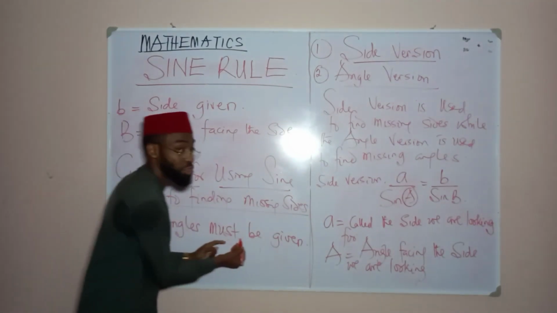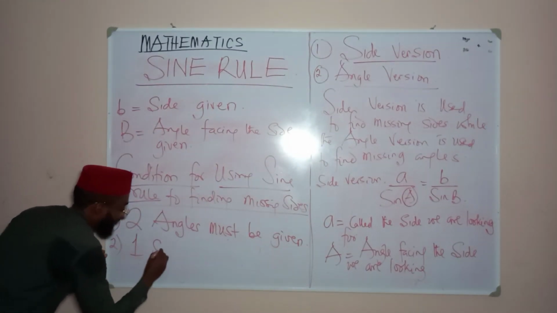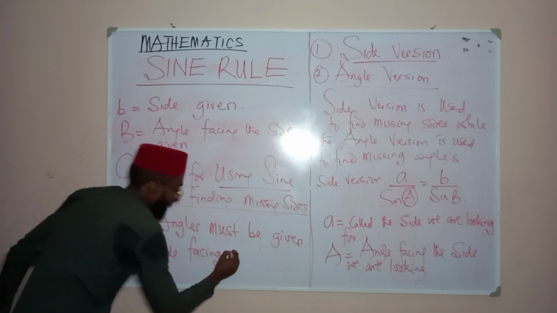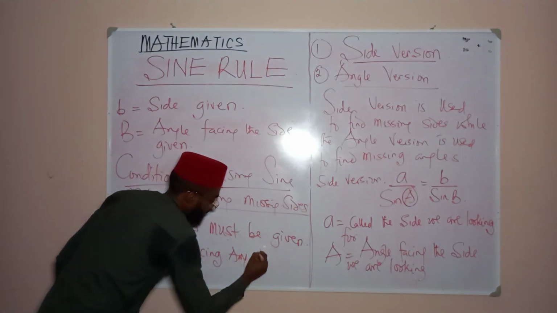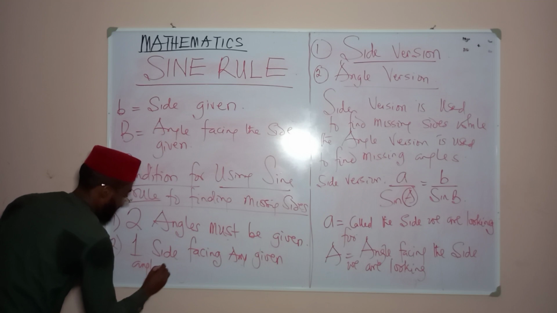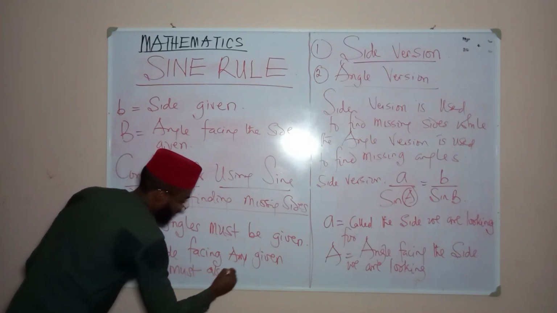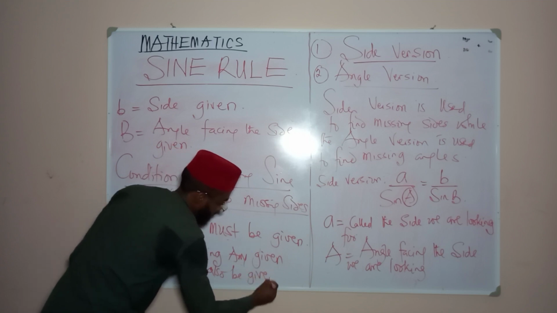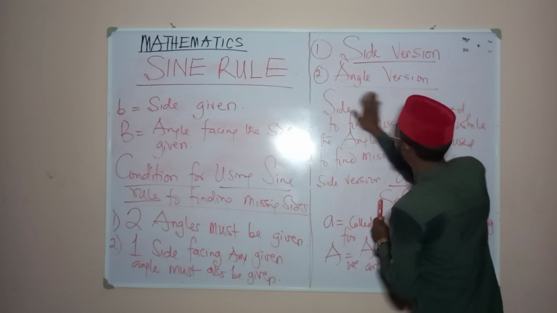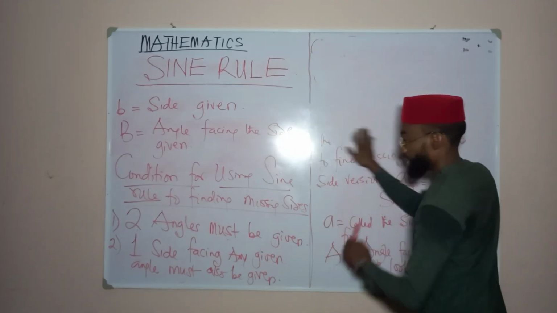Two angles must be given, and secondly, one side facing any given angle must also be given. So these are the two conditions in which we are allowed to use the sine rule to find missing sides.